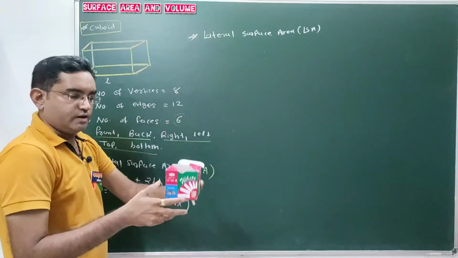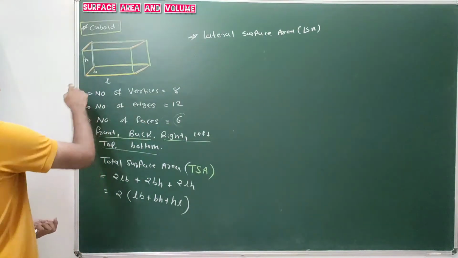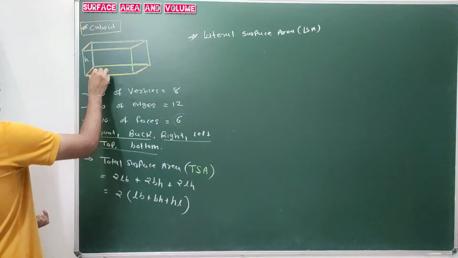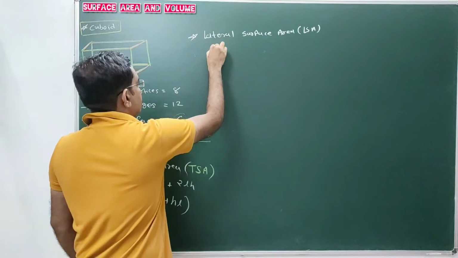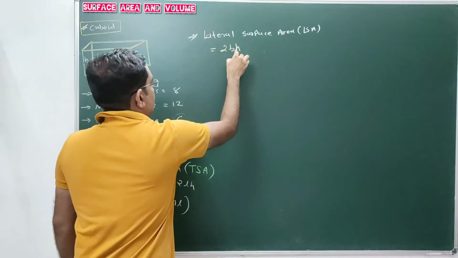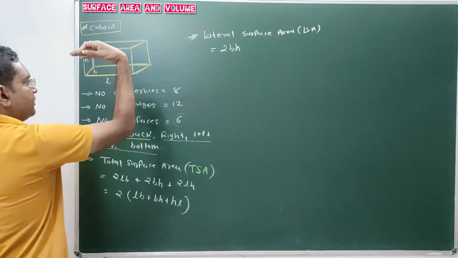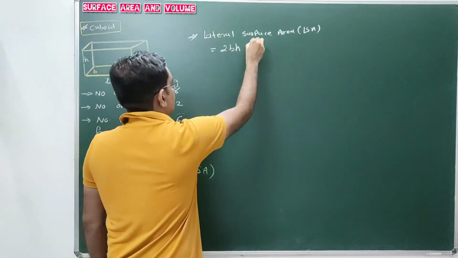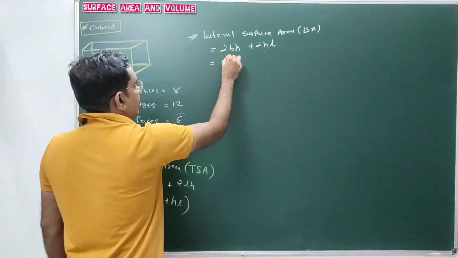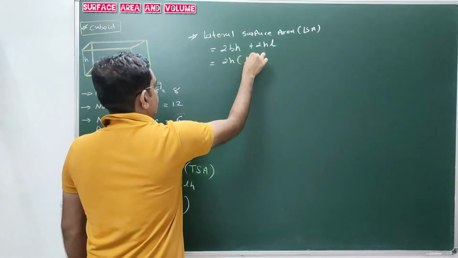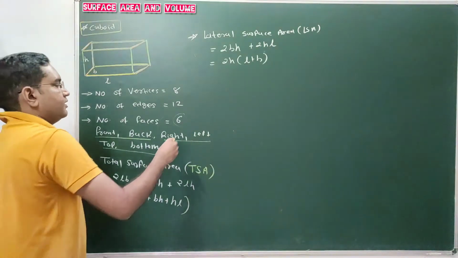So that is equal to 2BH, the area of the right as well as left face, plus the area of the front face and back face, 2HL. Taking 2 and H common, it is 2H(L plus B). This is the lateral surface area of a cuboid.